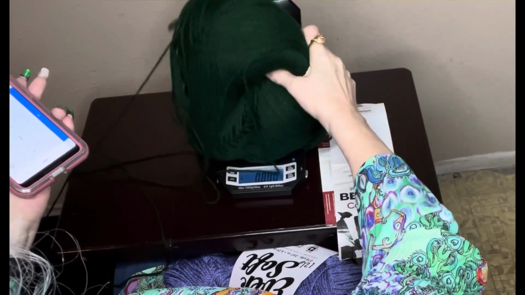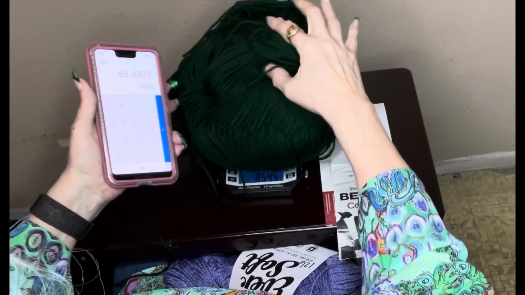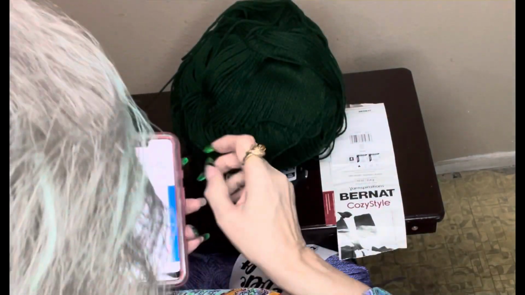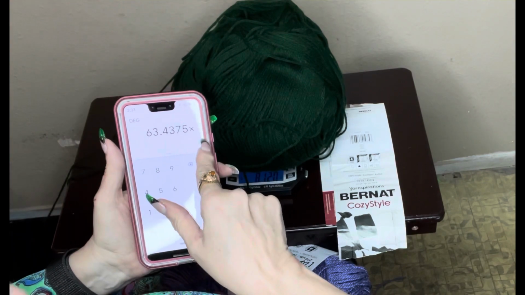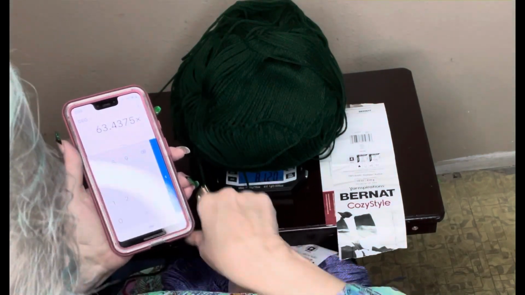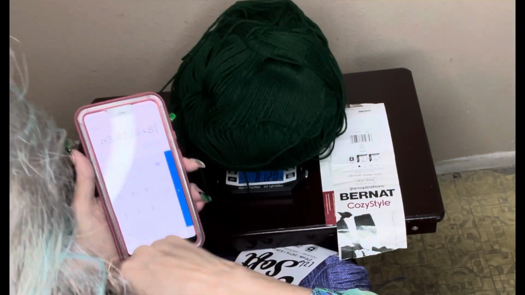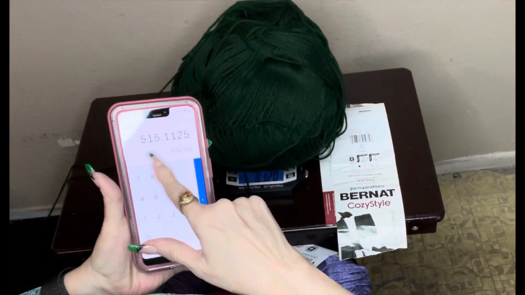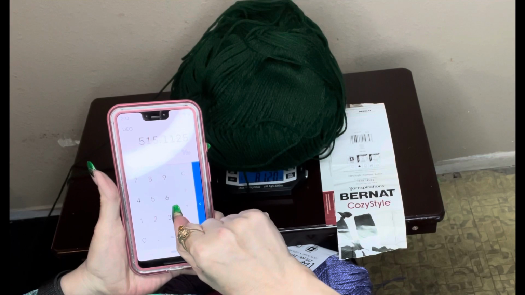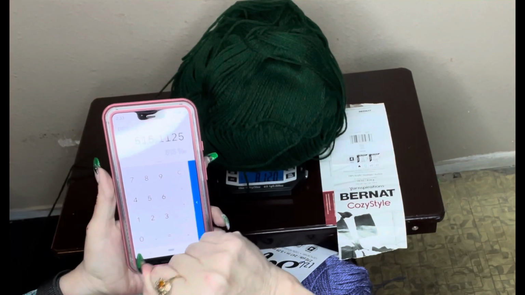Then I will take my yarn and put it on my scale, like so, and multiply this number that I have in here by this number on my scale, which is 8.12, and that will give me 515 and 9/80ths of a yard.